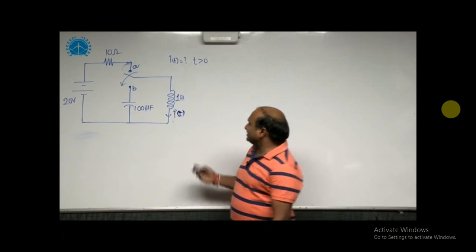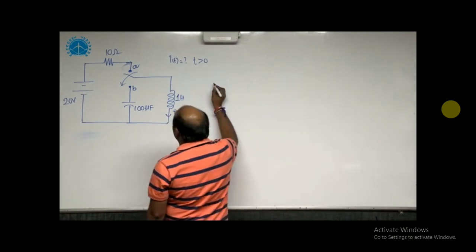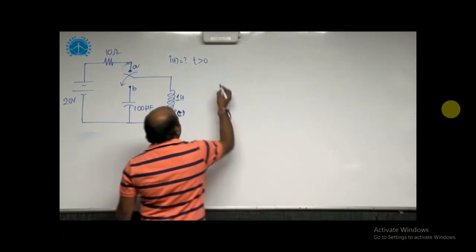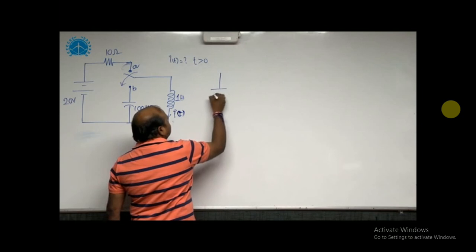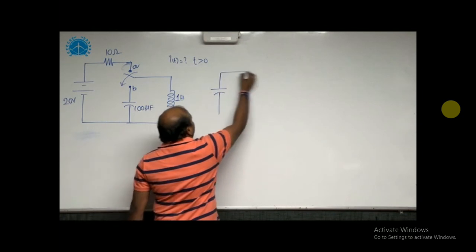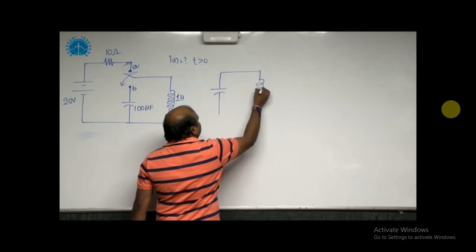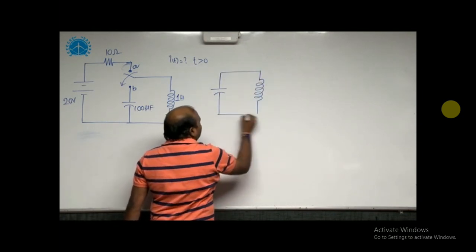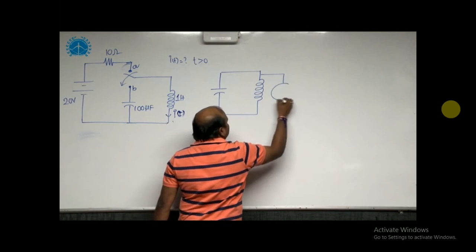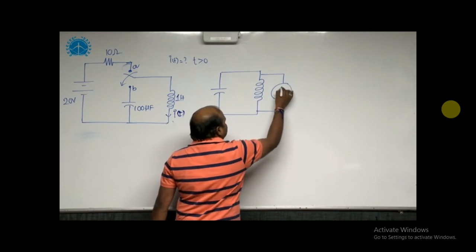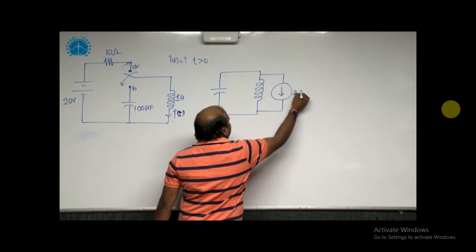Once you take that circuit after t equal to 0, for t greater than 0, here the capacitor with capacitance and inductance in parallel with a current source, initial value we are having. This is 2 amperes.